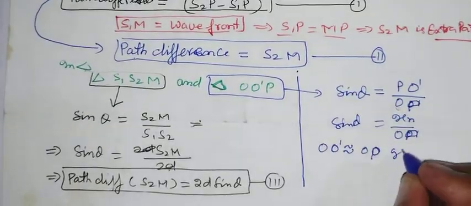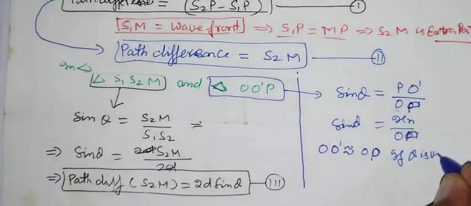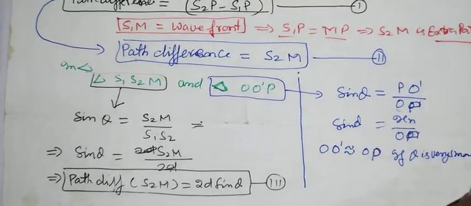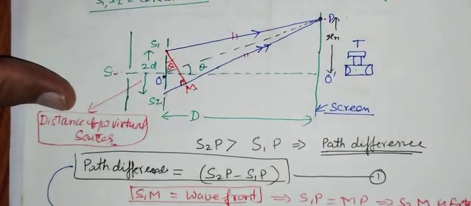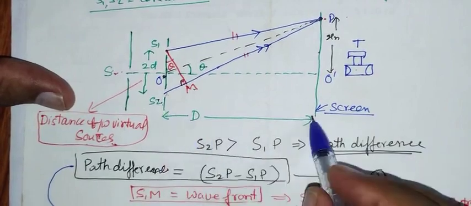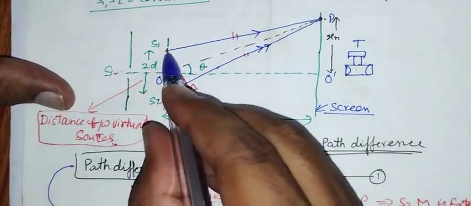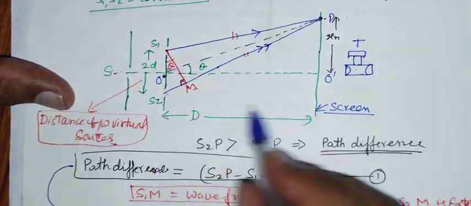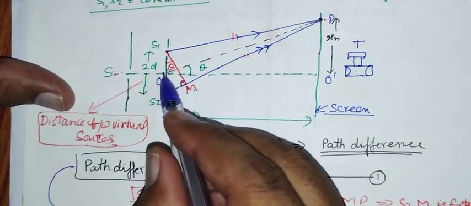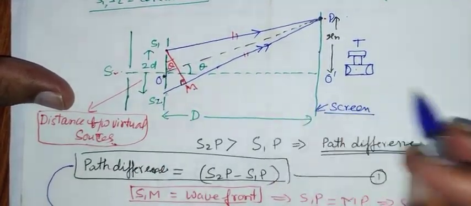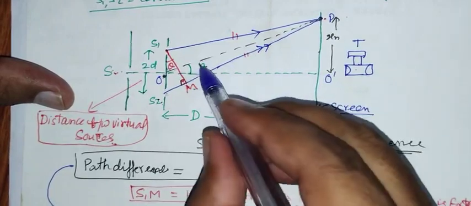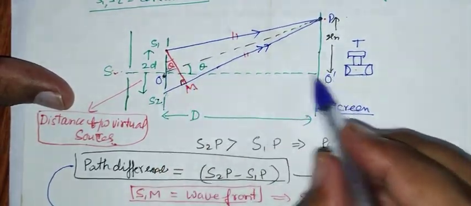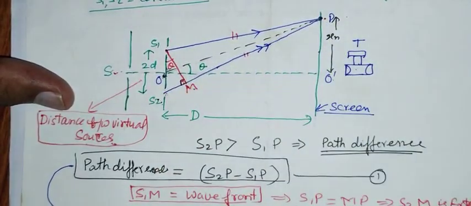This is possible because theta is very small, since this distance is quite large in comparison to 2d. If theta is very small, then O dash P and OP can be taken equal.